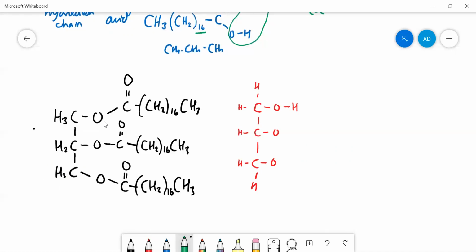Let's draw a fatty acid in green. We'll make this one 16 long, so I've got 14 CH2s and a CH3 on the end. Let's make this next one 18 long.